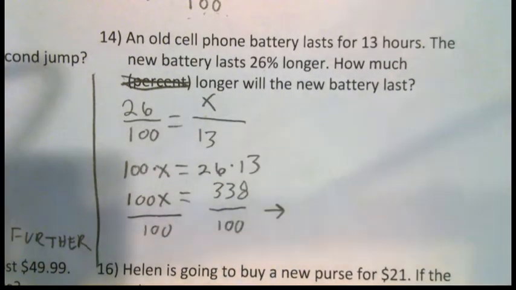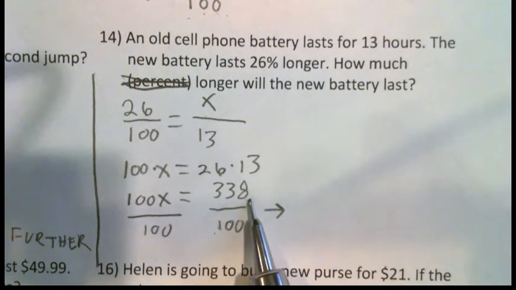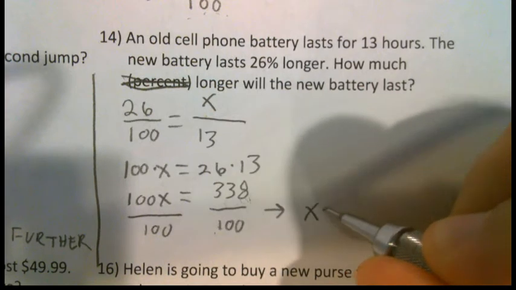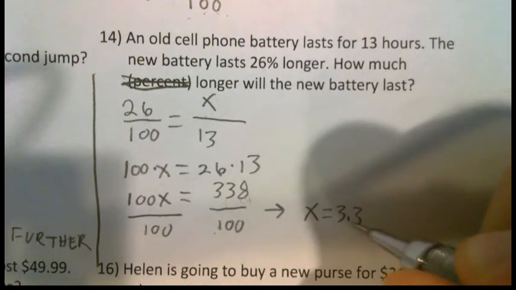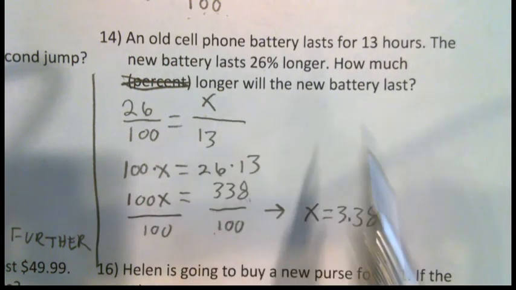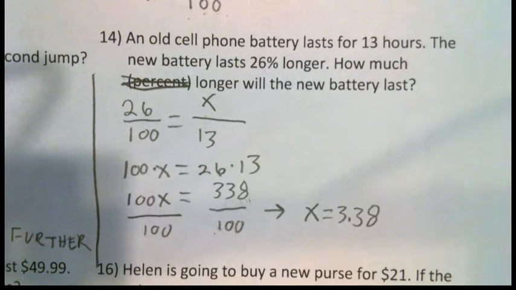And again, we have 1 followed by 2 zeros. Decimal spot is currently here after the 8. We're dividing, so our number is getting smaller. That will give us 3.38. This is not the total life of the battery. This is how much longer the new battery will last over the old battery.